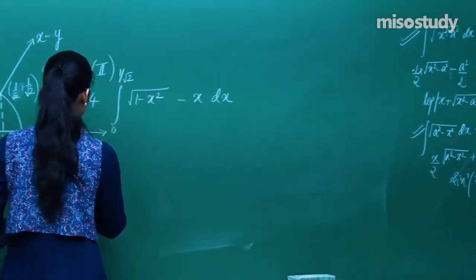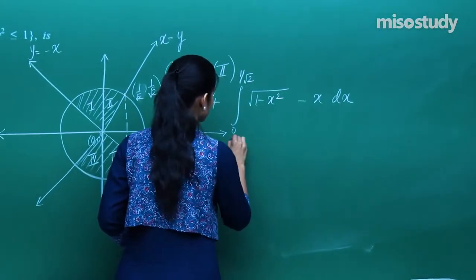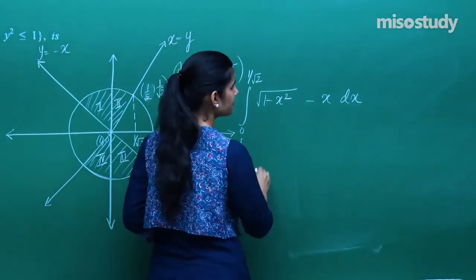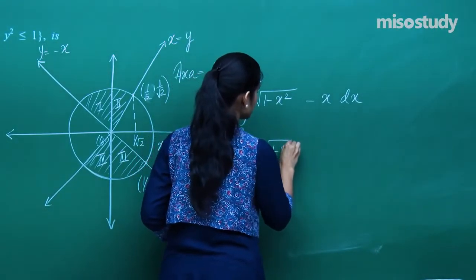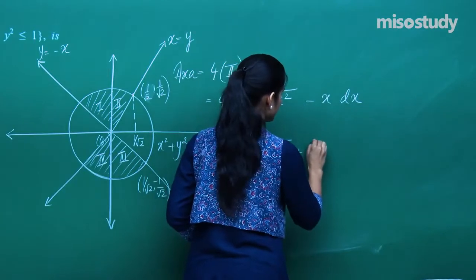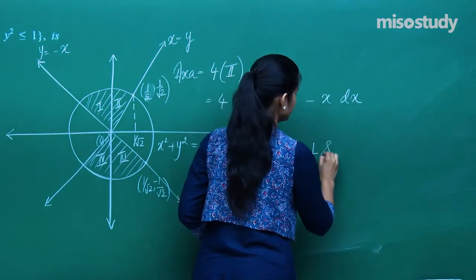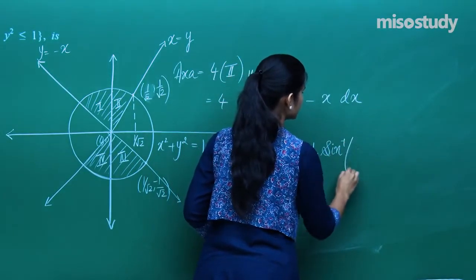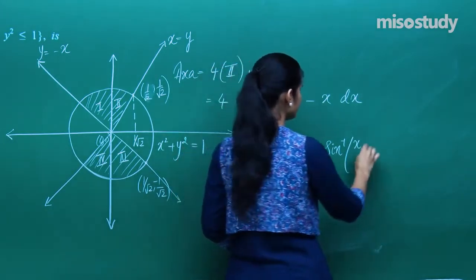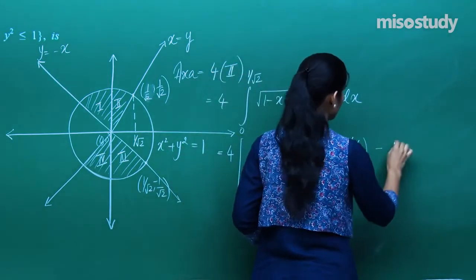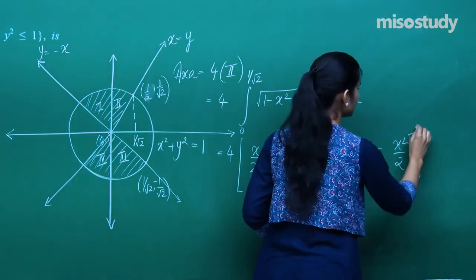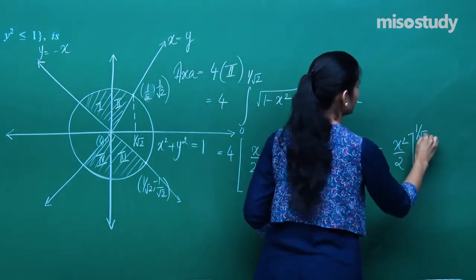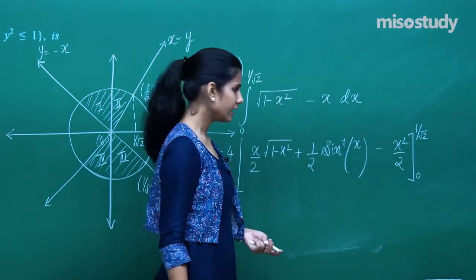So here you already have a 4. Inside it becomes x by 2 under root a square minus x square plus a square by 2 sin inverse x upon 1, then this is minus x square by 2, and this is integration from 0 to 1 by root 2. Okay?